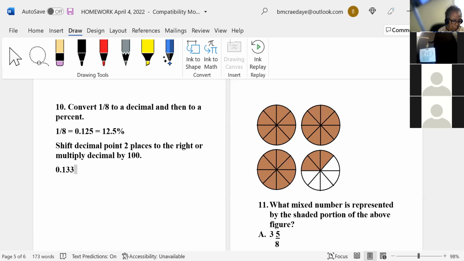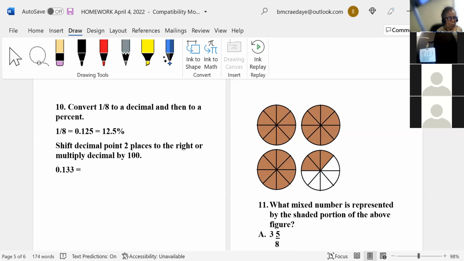0.133. What would that be as a percent, Maureen? Convert it to a percent. Here's a clue.